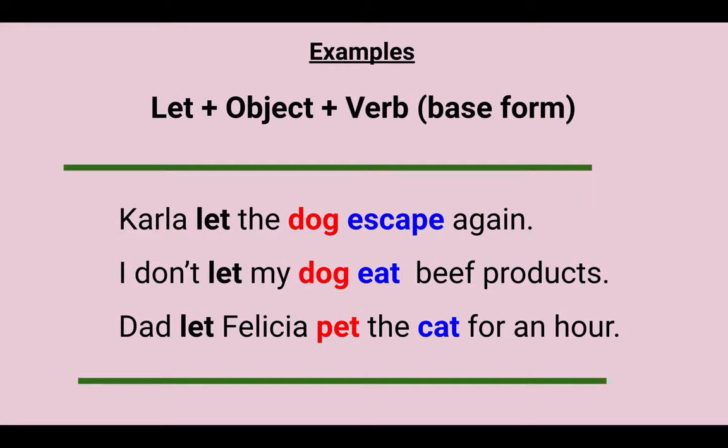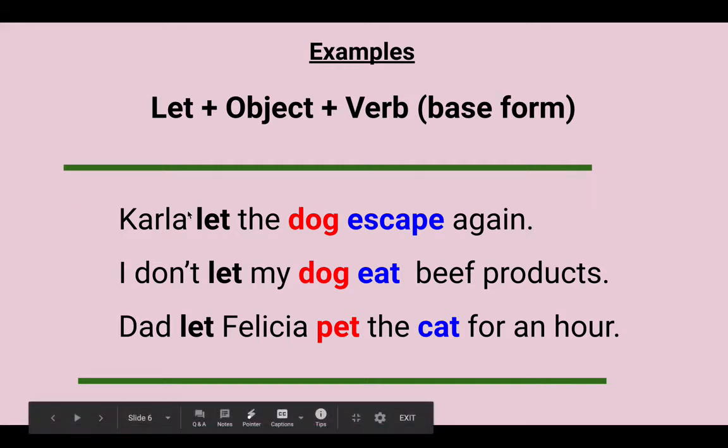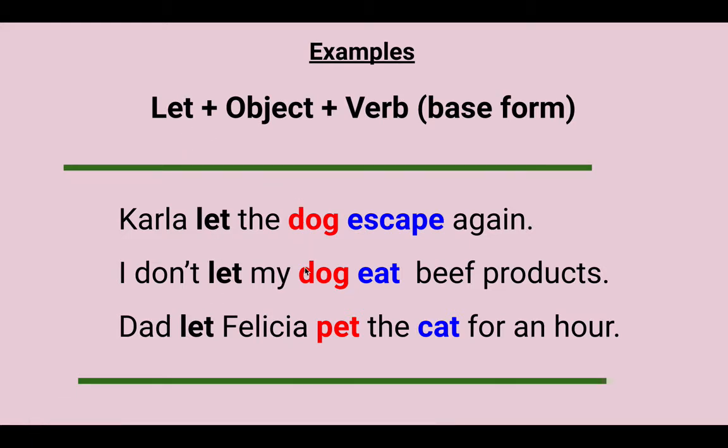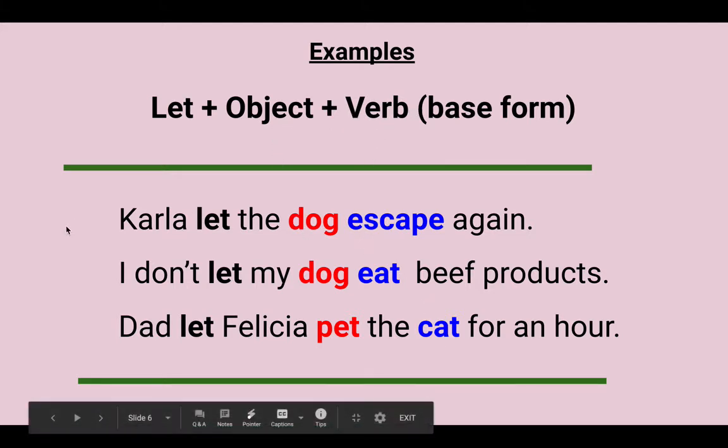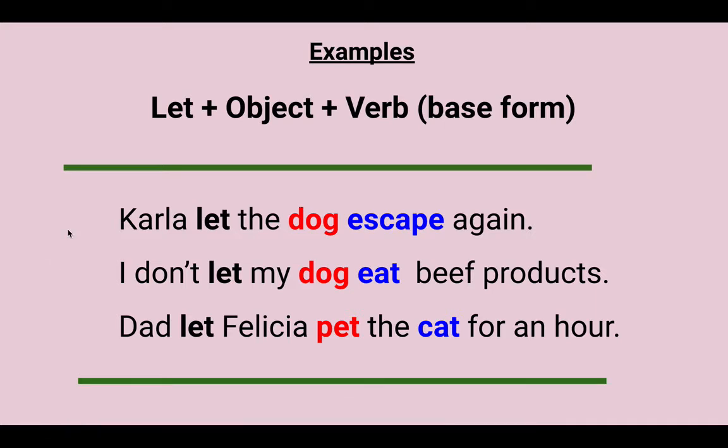So in each of these cases, we have let, which is the causative verb, plus the object, plus the base form of the verb that comes after. And the meaning: Carla let the dog escape. Carla did not escape, but she somehow caused the dog to escape.